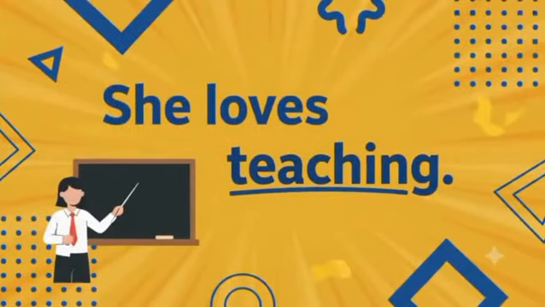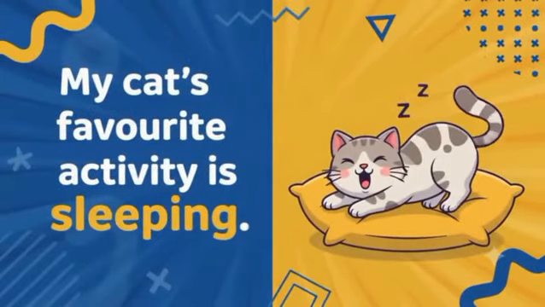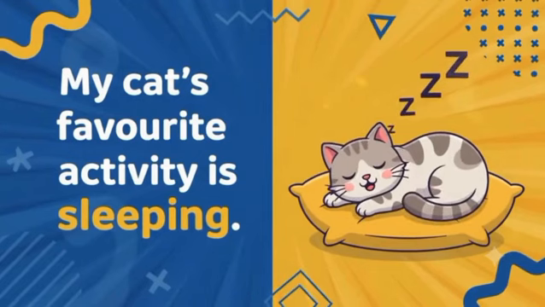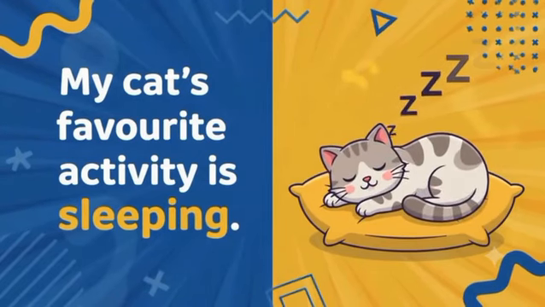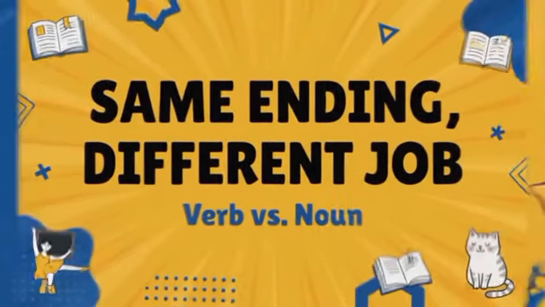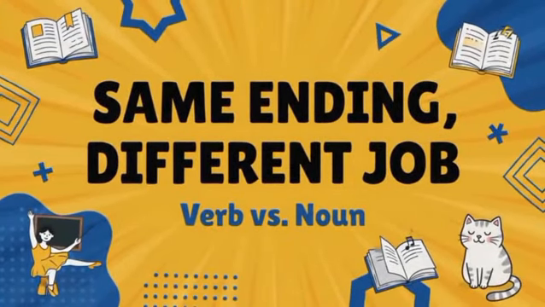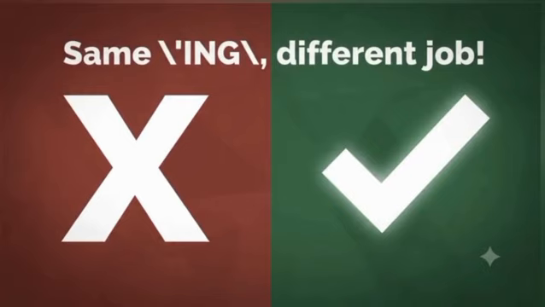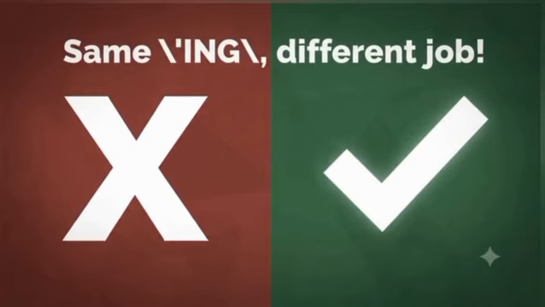The object. She loves teaching. Or the complement. My cat's favorite activity is sleeping. Same ing ending as a normal verb. Completely different job. Five roles, one form. Always ending in ing, always acting like a noun.